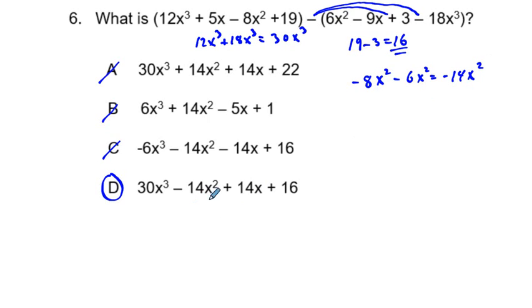So that confirms that term. And now the x terms, we have 5x in the first expression, and we're going to have minus negative 9x, so that's going to be plus 9x. That's going to give us plus 14x. So further confirming D is our correct answer.